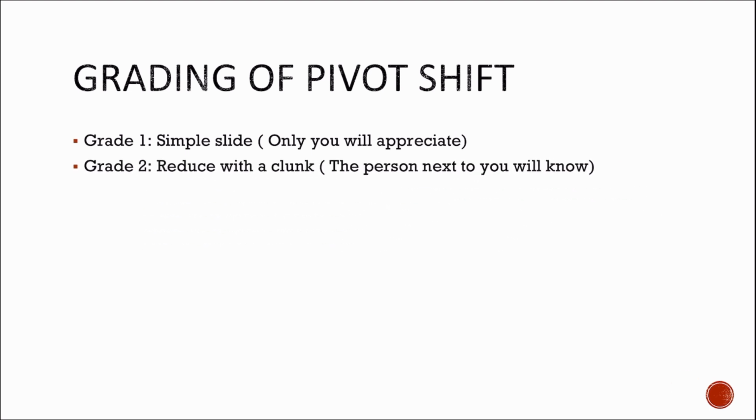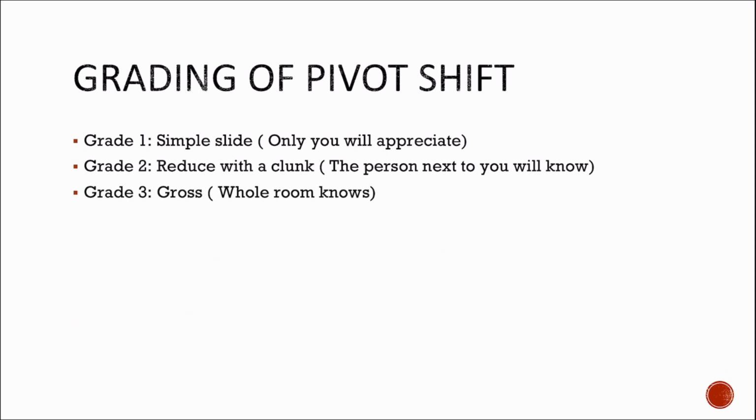Now coming on to grade 2. In grade 2, the tibia reduces with a clunk, and the person near to you will also be able to appreciate the reduction. And the clinical significance is that if a grade 2 pivot shift is present, invariably it means that the ACL is torn, no matter what the MRI says. Now coming on to grade 3.